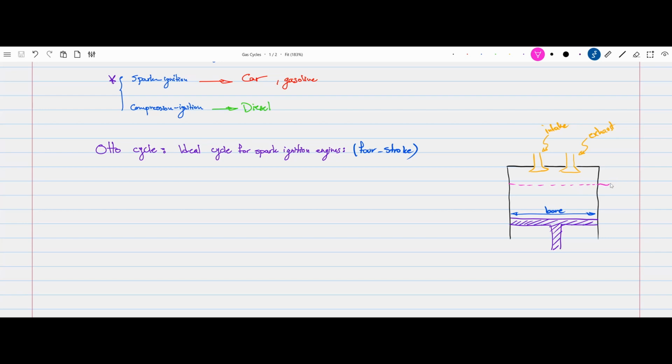Now, the pink line is referred to as top dead center. We show it with TDC. And the volume above the TDC, the volume that the piston cannot touch, is sometimes referred to as the clearance volume. So that much is clear, nothing too crazy.